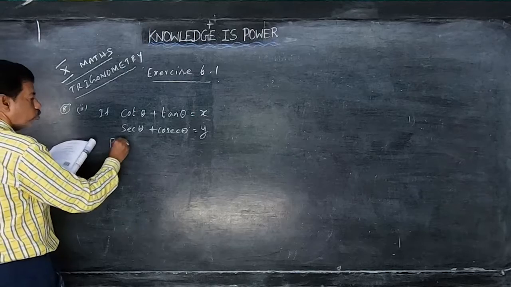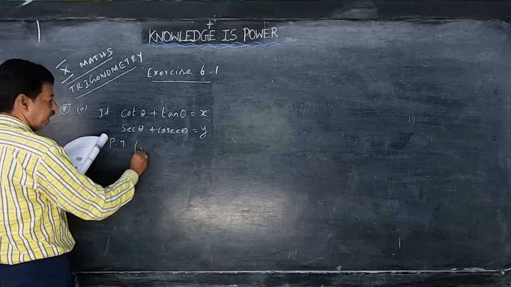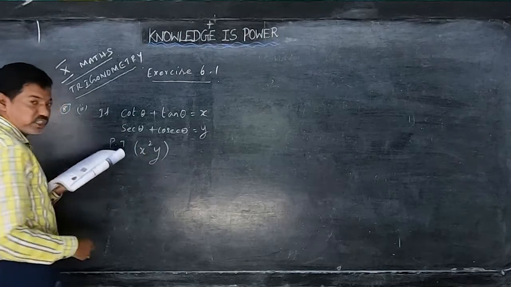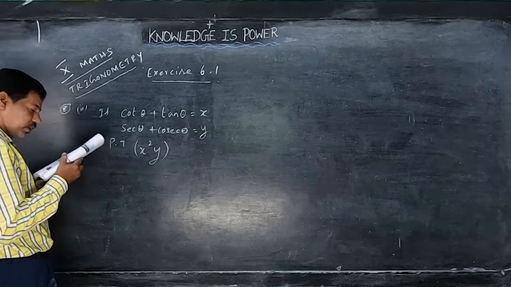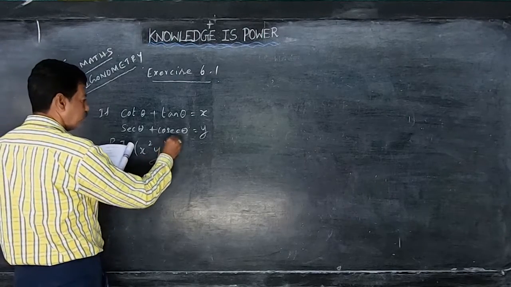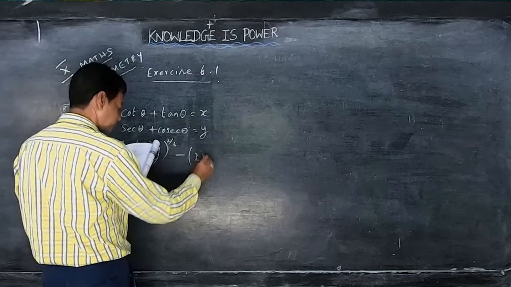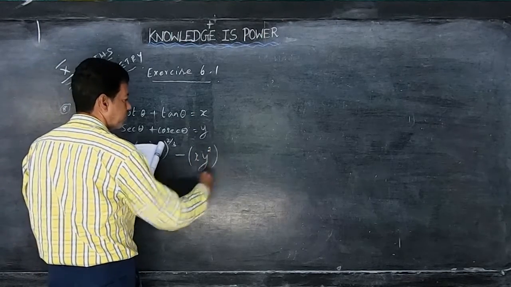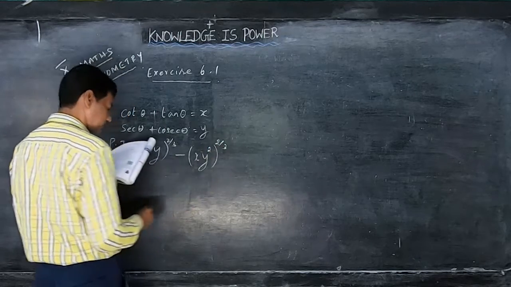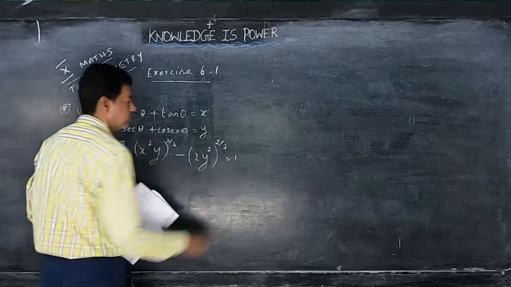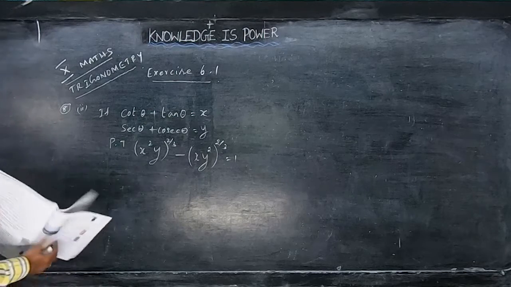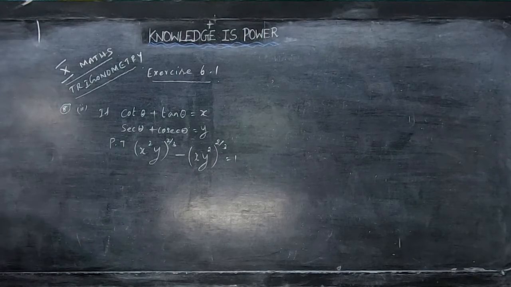Prove that x square y to the power 2 by 3 minus x y square to the power 2 by 3 equal to 1. Very different sum and also an important sum. Listen carefully now. Can you follow that?